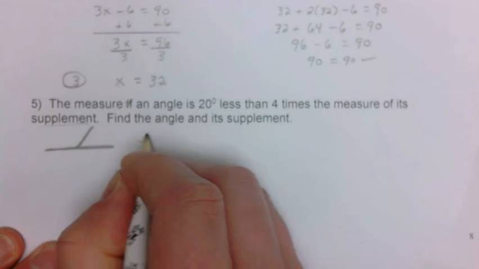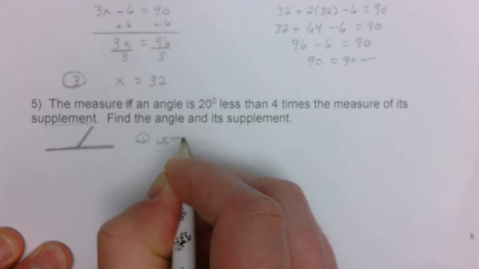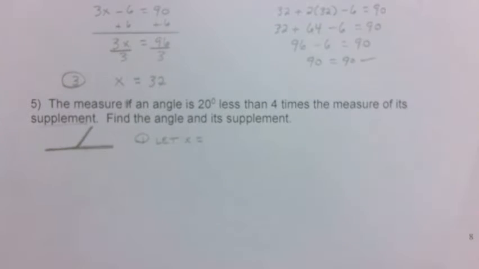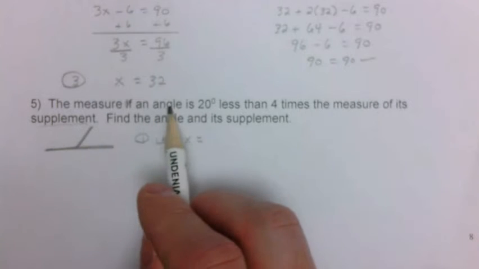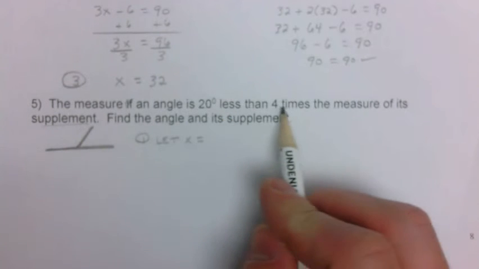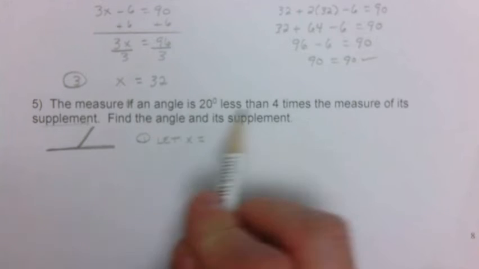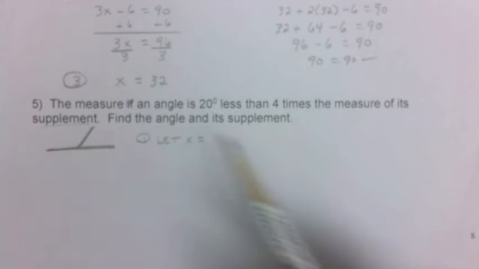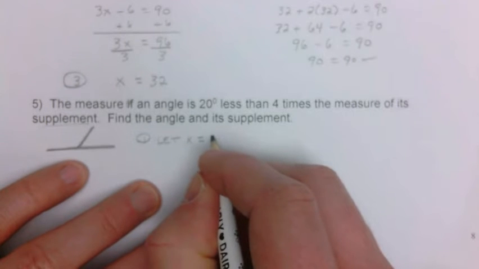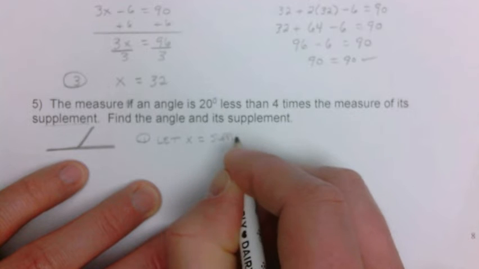Let's start by making our let statements. Let x equal, now I have to figure out which angle I don't know anything about. They tell me that the angle is 20 degrees less than 4 times the supplement. So they've given me some information about the angle, but they haven't told me anything about the supplement. So let x equal the supplement.